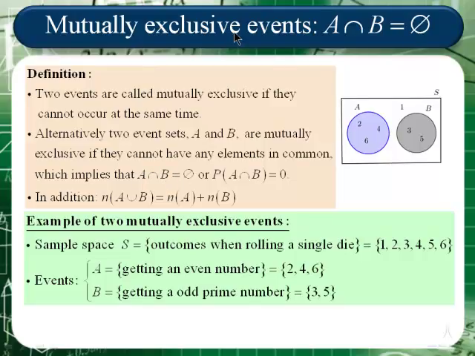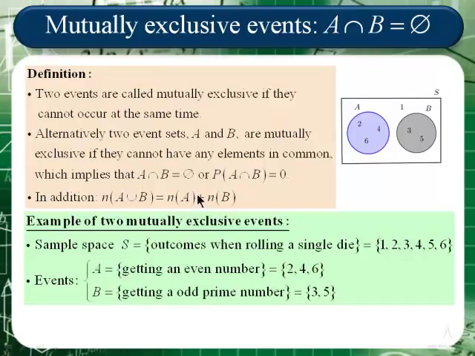Or the probability that events A and B can occur at the same time is obviously 0, simply because remember the probability of A and B is the cardinal number of A and B divided by the cardinal number of the sample space.